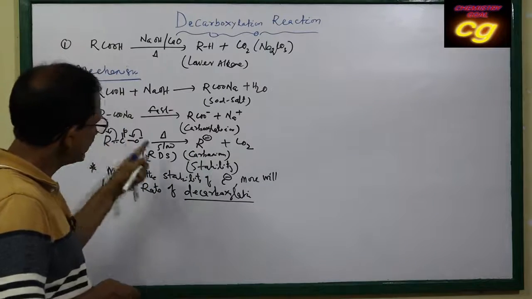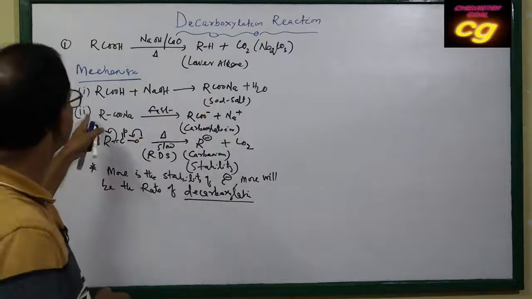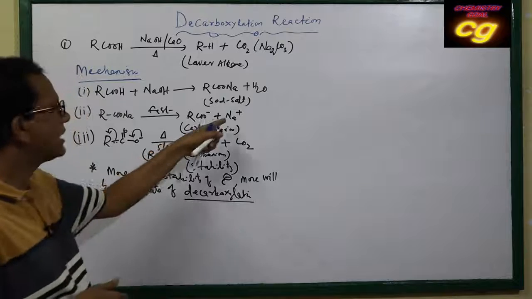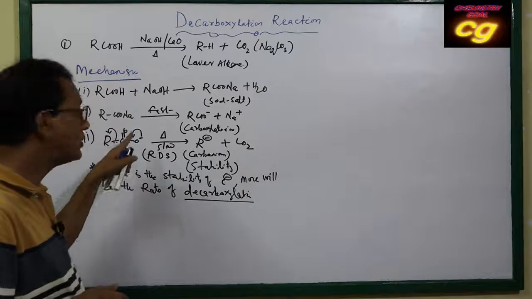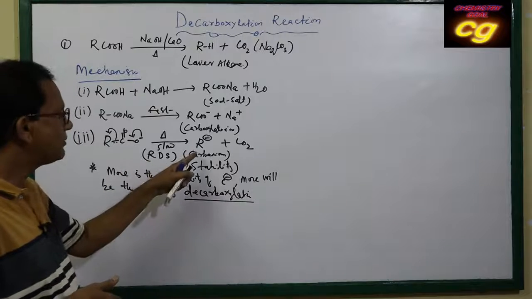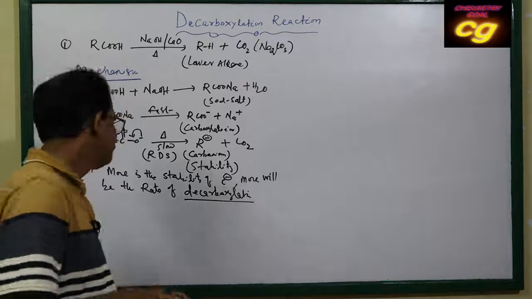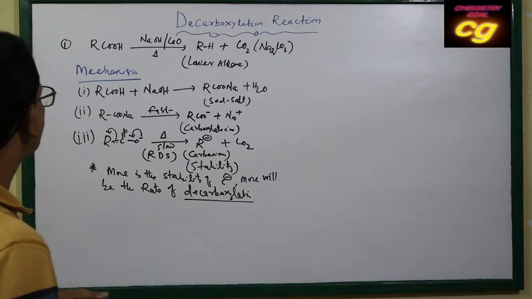So this is the mechanism: step 1 formation of salt, then second step dissociation of salt forming carboxylate ion and Na plus ion, then this carboxylate ion decomposes on heating forming carbanion, and the stability of the carbanion indicates the rate of decarboxylation.